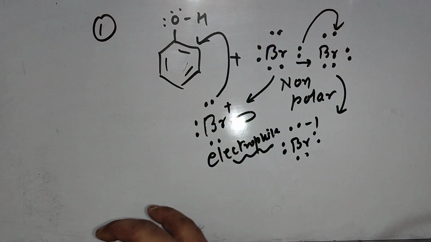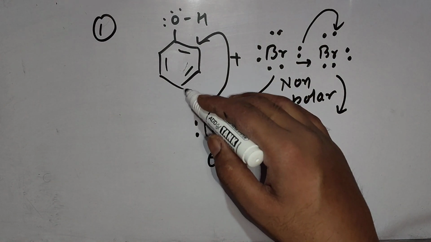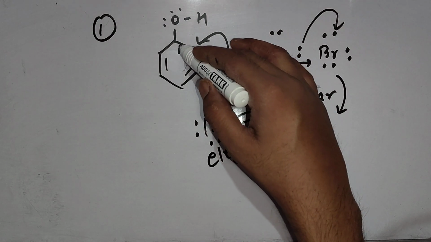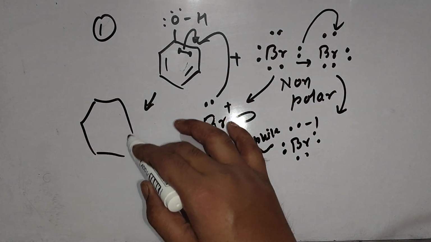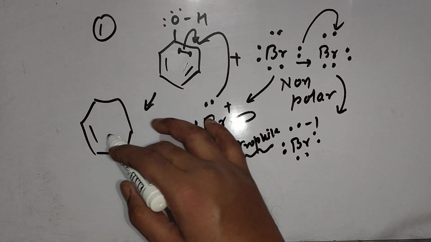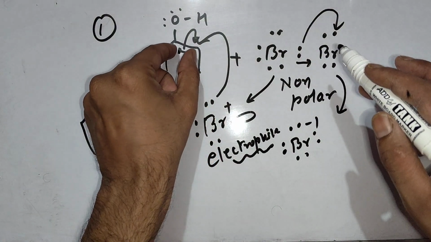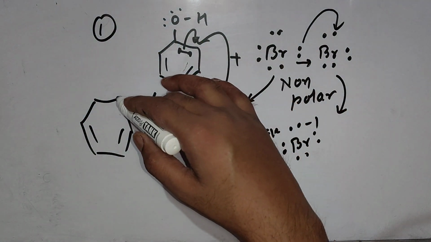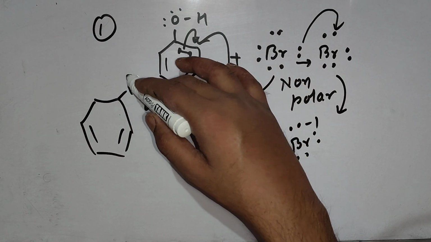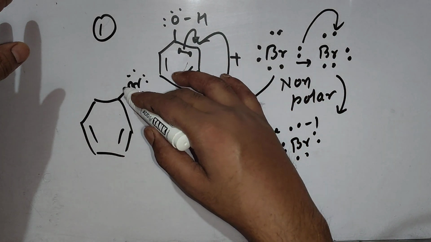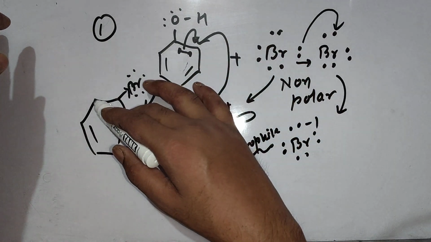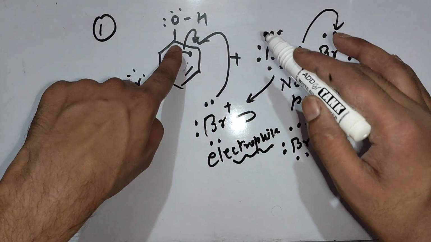Suppose it is attacking on the ortho position, so you know what will happen. These pi electrons will shift here. Directly I am writing the mechanism. You please write it step by step. With the help of these electrons, it will make a dative bond with brominium ion. The positive charge of brominium ion will finish, already discussed. It will be a dative bond, and this carbon will become a carbocation because it has lost its electron.